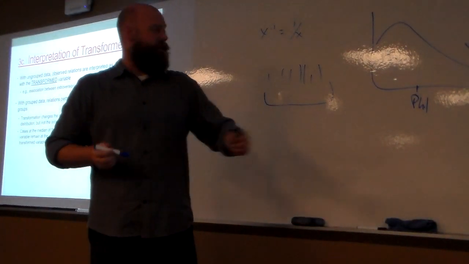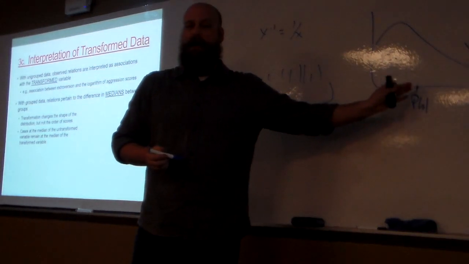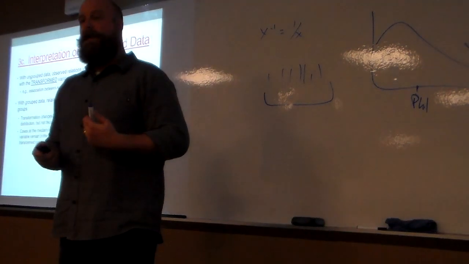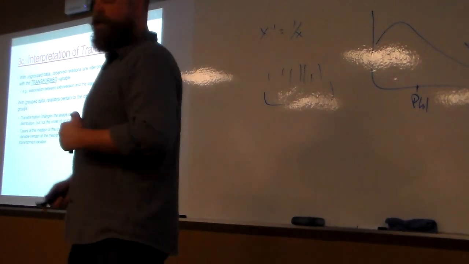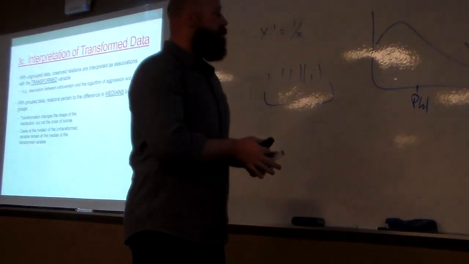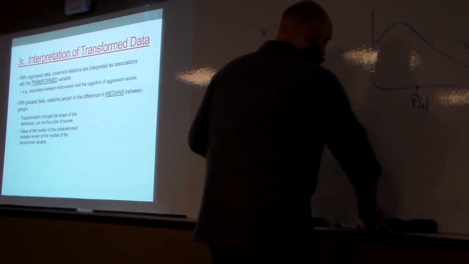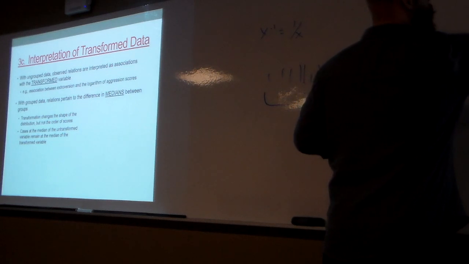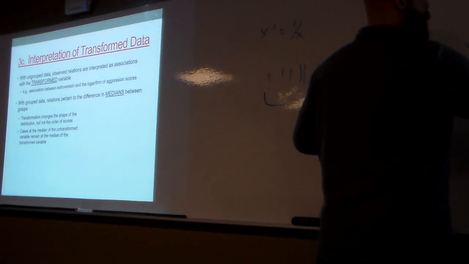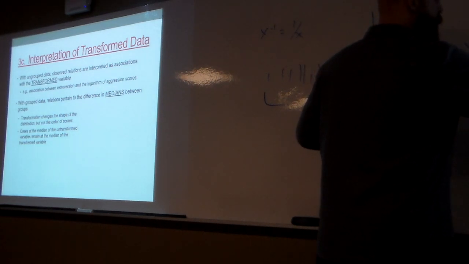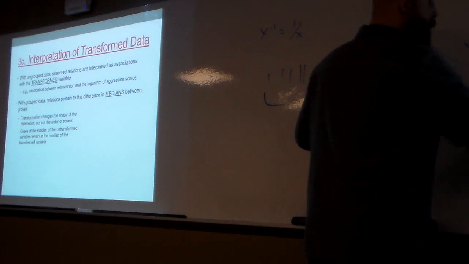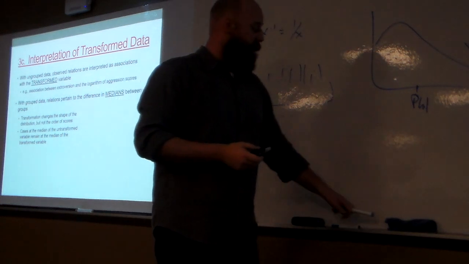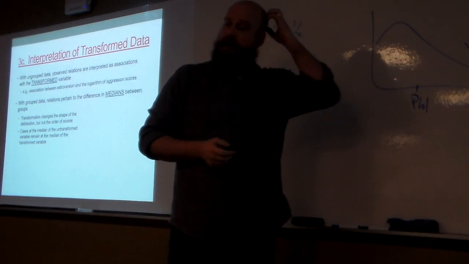Phil has a score that is at the median of my untransformed audit. When I log transform that, my transform distribution looks better. Maybe it looks something like this. Phil's still at the median, right?